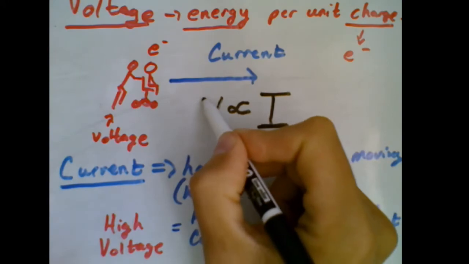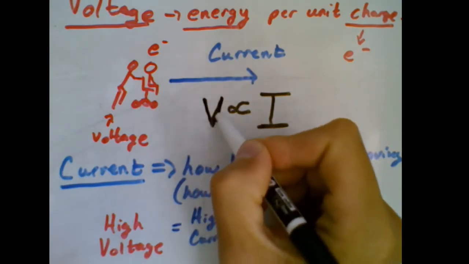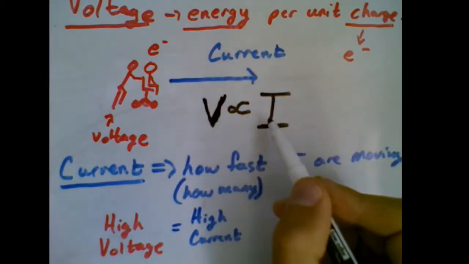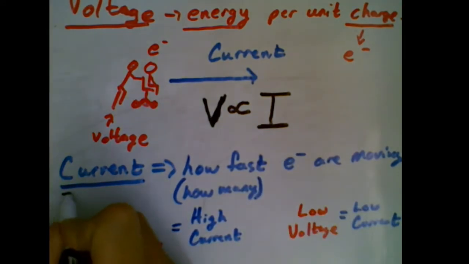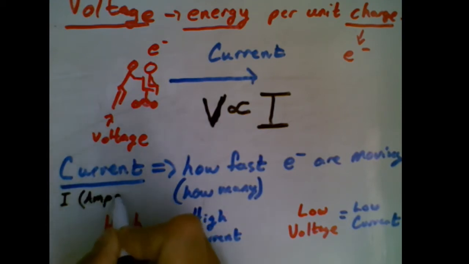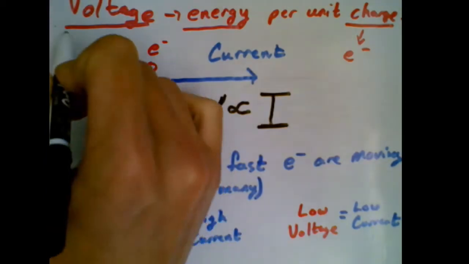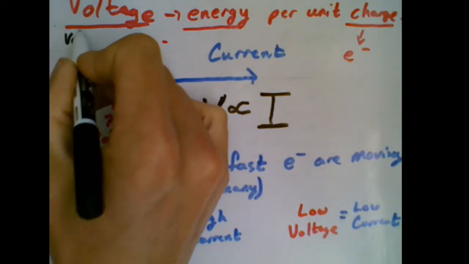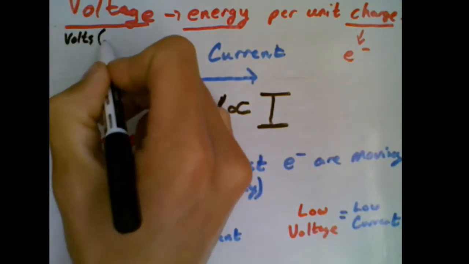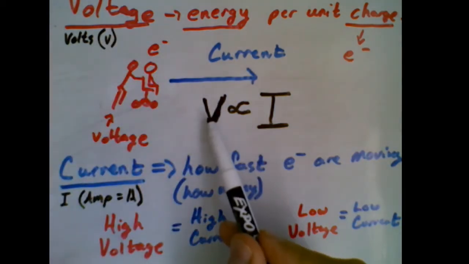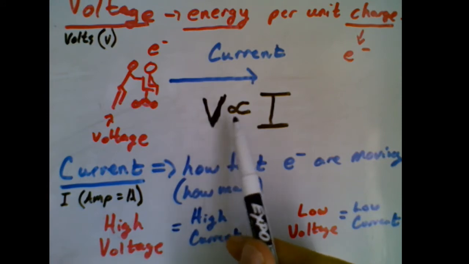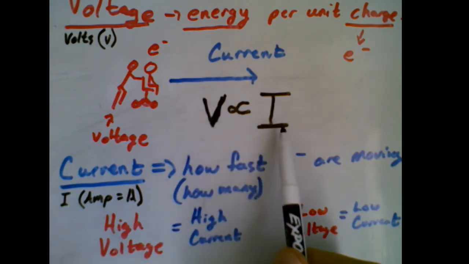The person who first wrote about it and did experiments on it is how they came up with this. So it's the intensity of current. Current gets the letter I, but has the unit amperes, which we would normally abbreviate as amps, with the letter A. Voltage gets the units volts and gets the abbreviation V. So that's one thing we know in a circuit, that voltage is proportional to current.